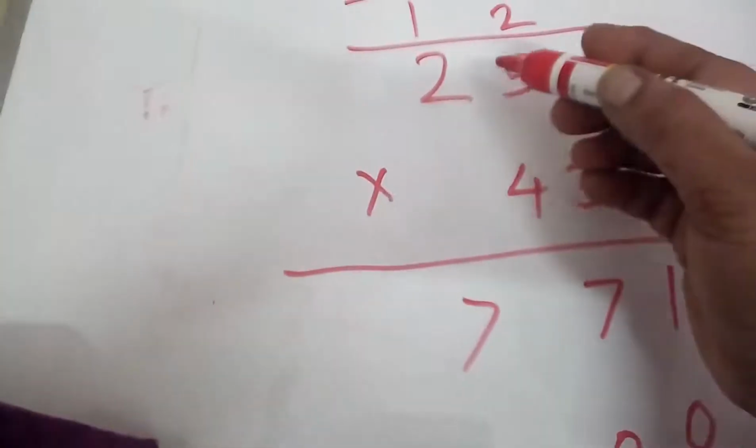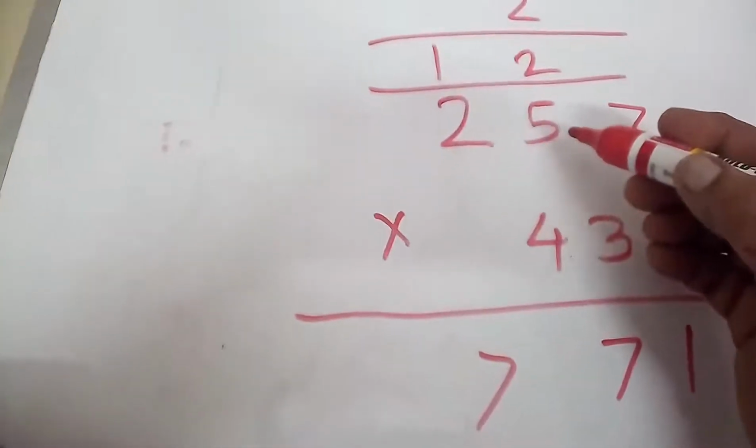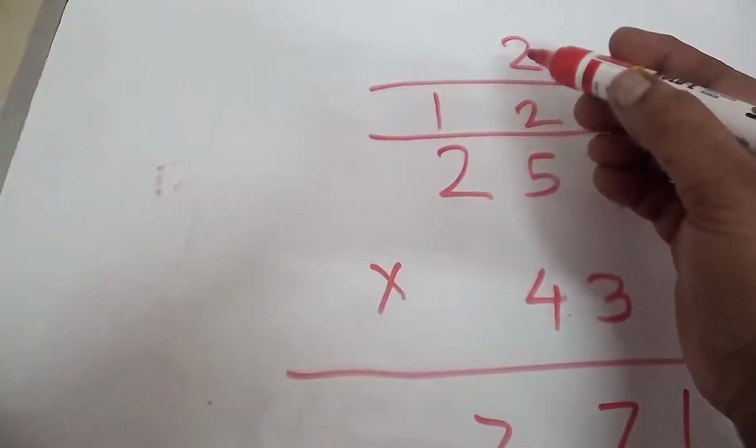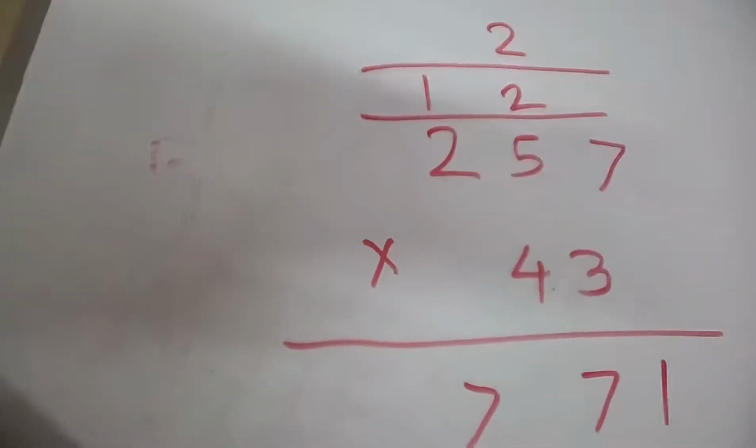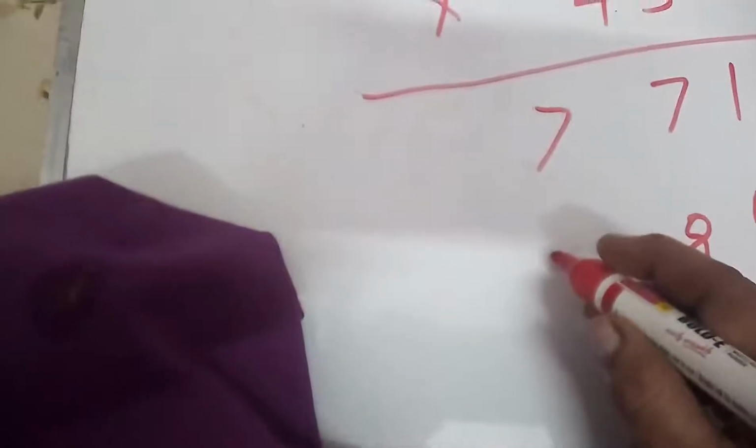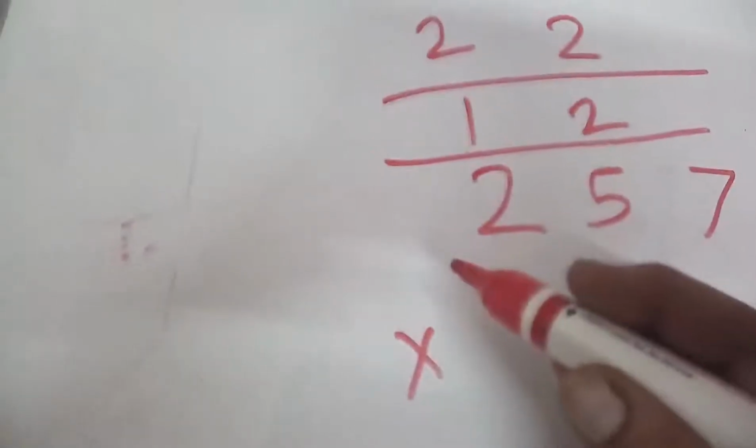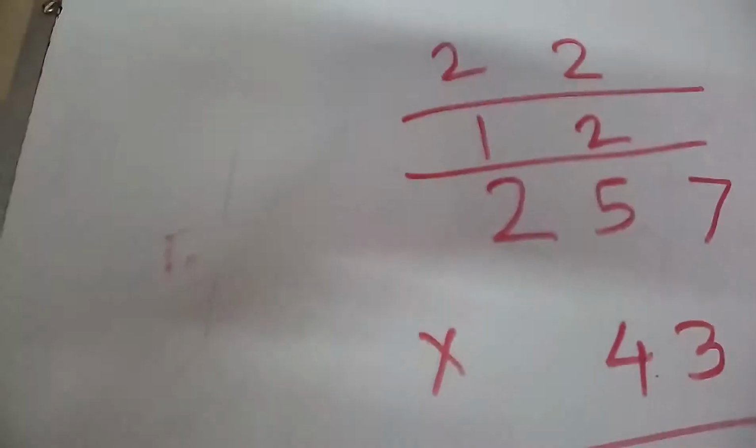Then 4 fives are 20 and 2, 22. Then I will write 2 here and carry 2. 4 twos are 8 and 2, 10. So I will write here 10.